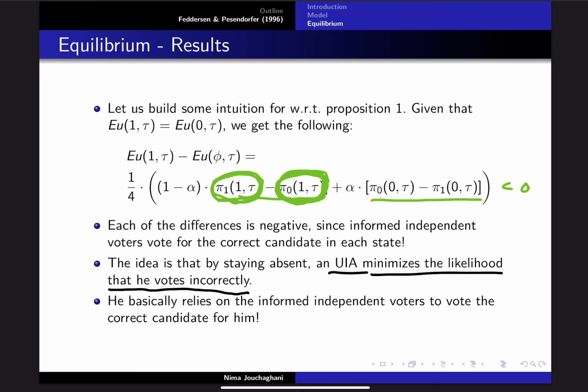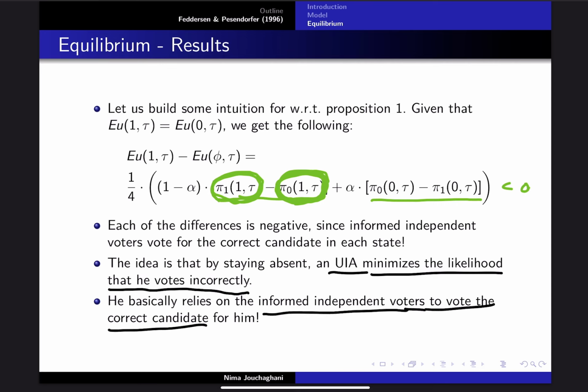Since he does not know the state of the world and he knows that by a wrong vote he could mess up the situation in the states of the world which are aligned with the candidate, he simply decides to not vote at all and relies on the informed independent voters to vote for the correct candidate.